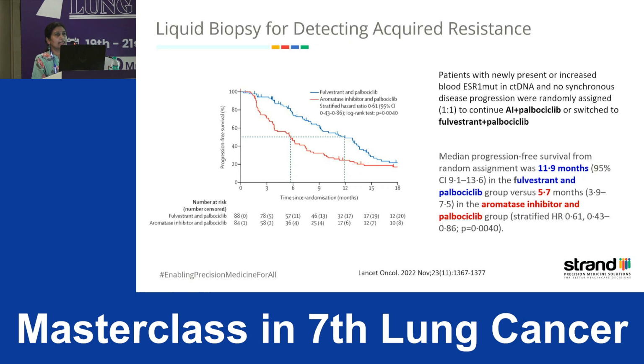So the presence of the mutant in the blood is actionable enough, and you can do something just based on the fact that you saw it. With no synchronous disease progression, you could see it just in the blood, and that was actionable enough.